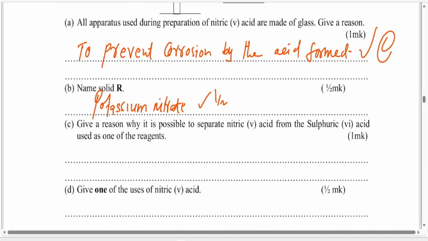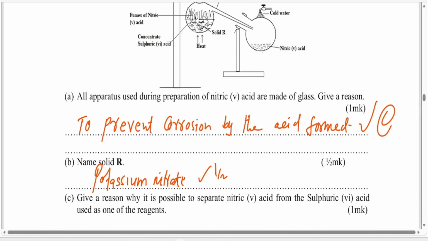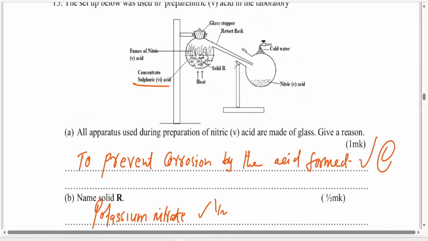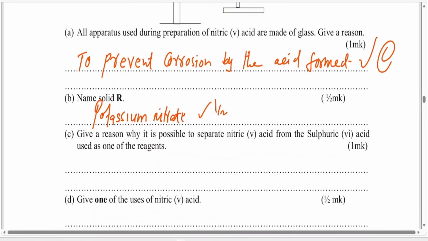So the reason as to why we can separate the two, because we are forming nitric (V) acid and at the same time we are using concentrated sulfuric (VI) acid. Why is it possible to do the separation? It is because nitric (V) acid is highly volatile. Remember, sulfuric (VI) acid is less volatile, and again, it has a relatively lower boiling point than sulfuric (VI) acid.